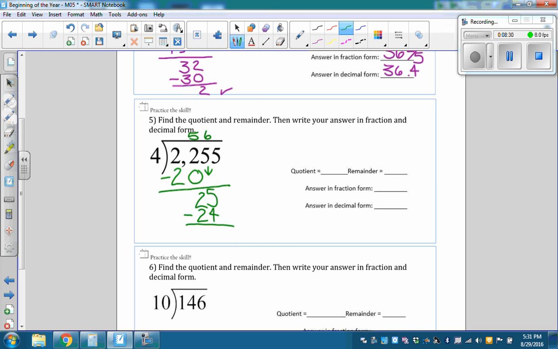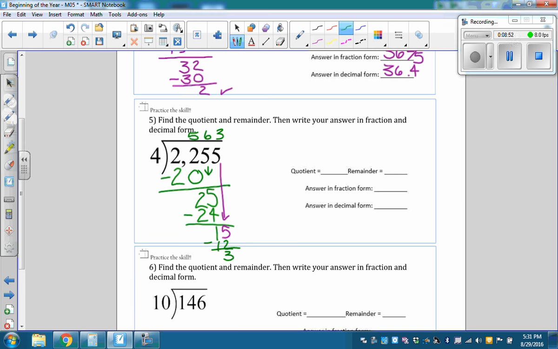Subtract. 25 take away 24 is 1. Bring down the 5. 4 goes into 15 3 times. 3 times 4 is 12. 15 take away 12 is 3.